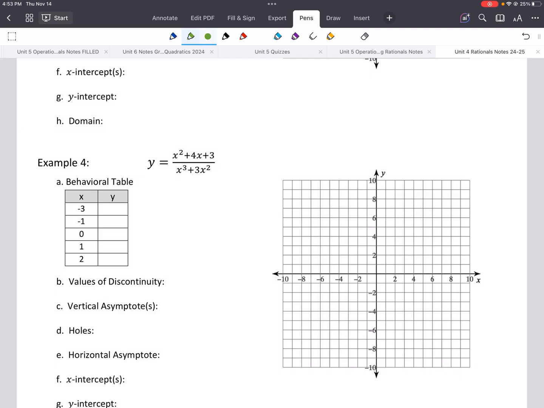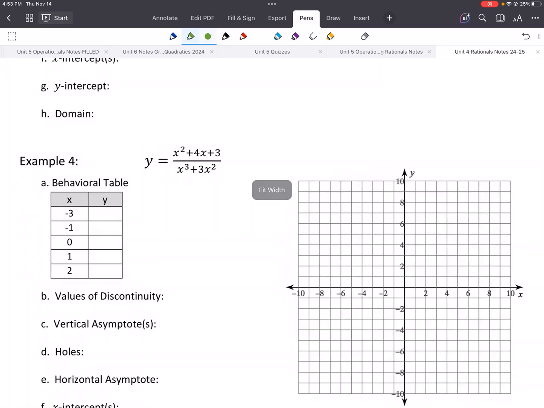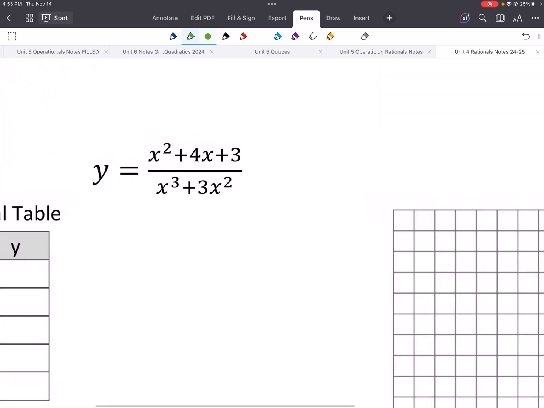So example 4, if you notice, well, I guess it's not factored, so we'd maybe want to do that first and see if we have any multiplicities. So what can multiply to 3 and add to 4 would be 3 and 1, so x plus 3 and x plus 1.